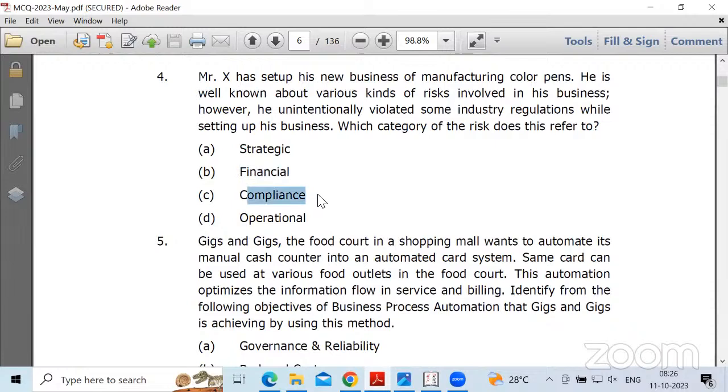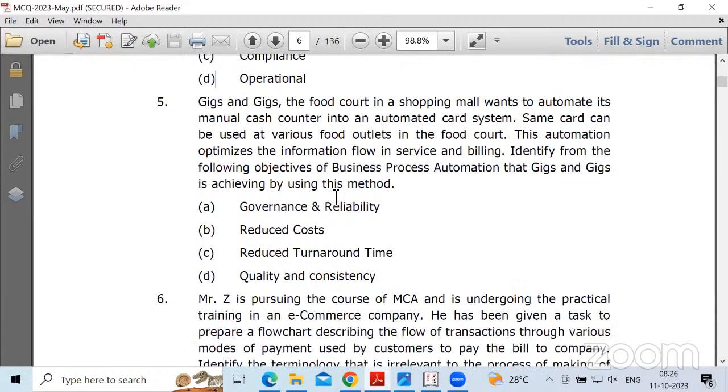So you have to comply with the rules, regulations, standards, fundamental principles of accounting, etc. Operation now, while you are performing the operations, certain procedures and policies have to be adhered to. Now they are asking you, he has violated some industry regulations while setting up his business. So which category of risk does it refer to? The strategic, financial, compliance, operational. Actually, it is compliance. It's a compliance risk.